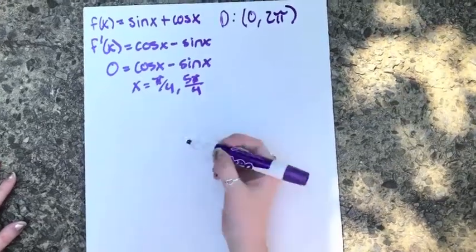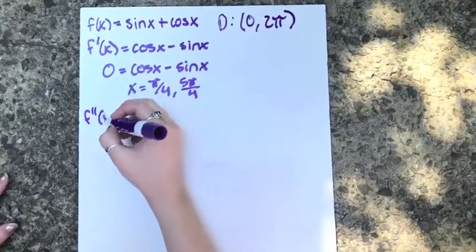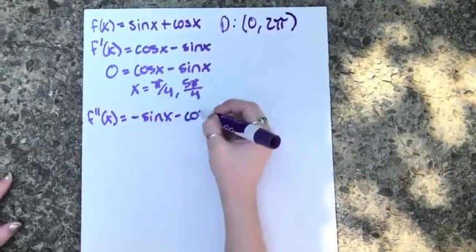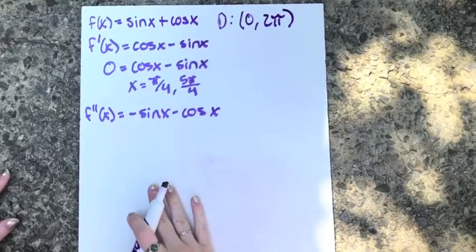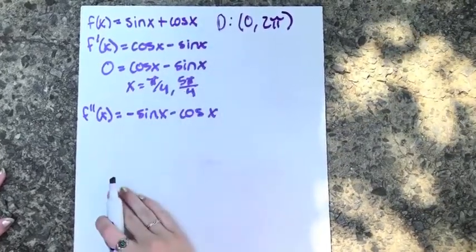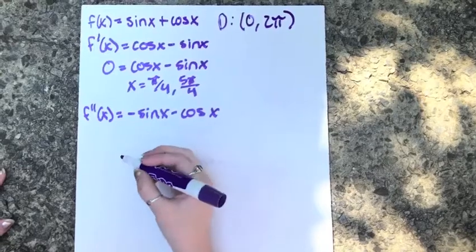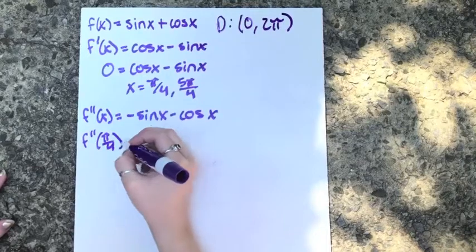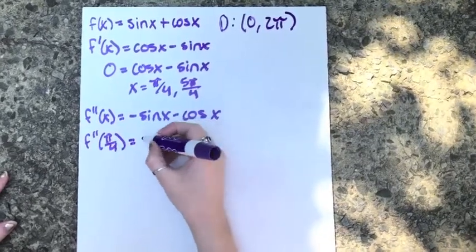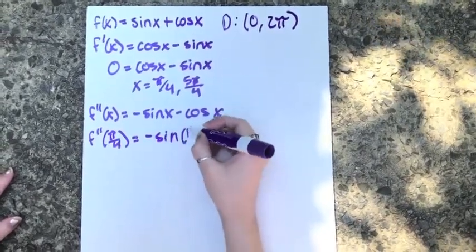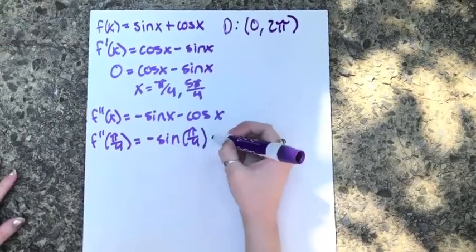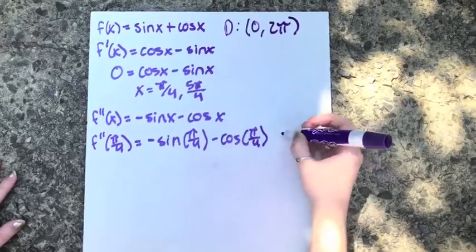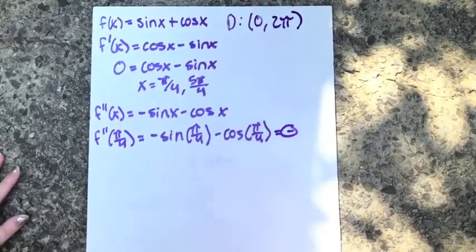Then you need to find the second derivative. So f double prime of x equals negative sine x minus cosine x. Then you need to plug the critical points, which you determined from the first derivative, into the second derivative. So f double prime of pi over 4 equals negative sine of pi over 4 minus cosine of pi over 4, which yields a negative number.